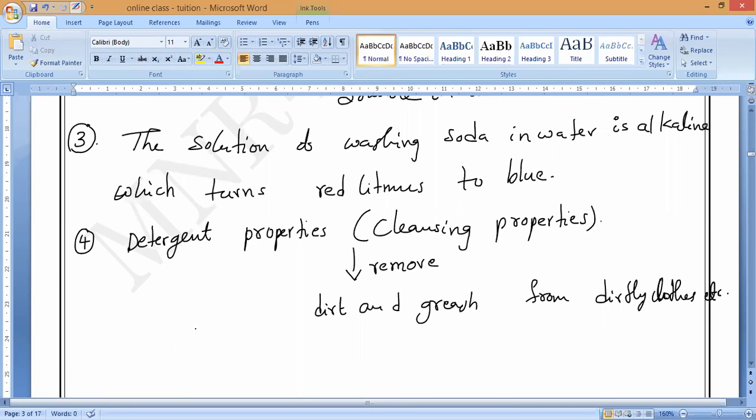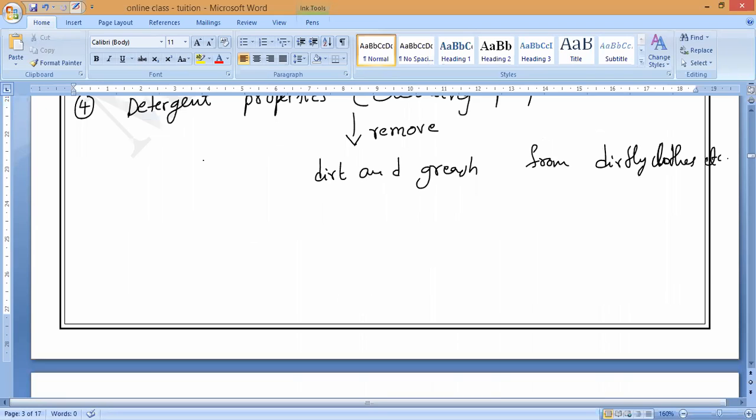Also, washing soda attacks dirt and grease to form water soluble products which are washed away, or rinsed with water. You have to remember that, all of you.